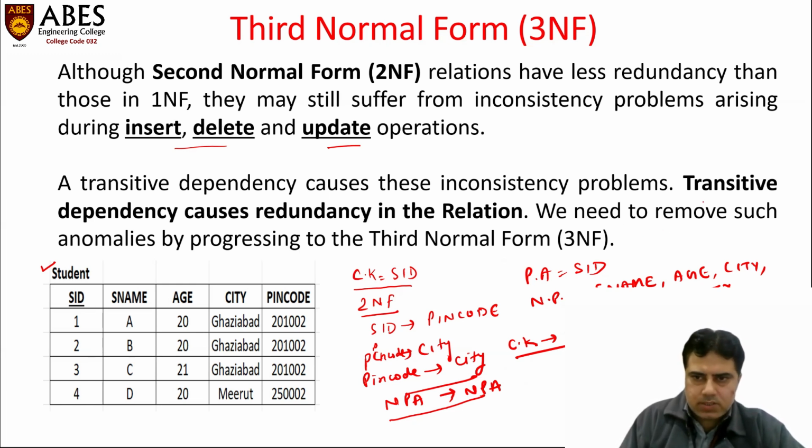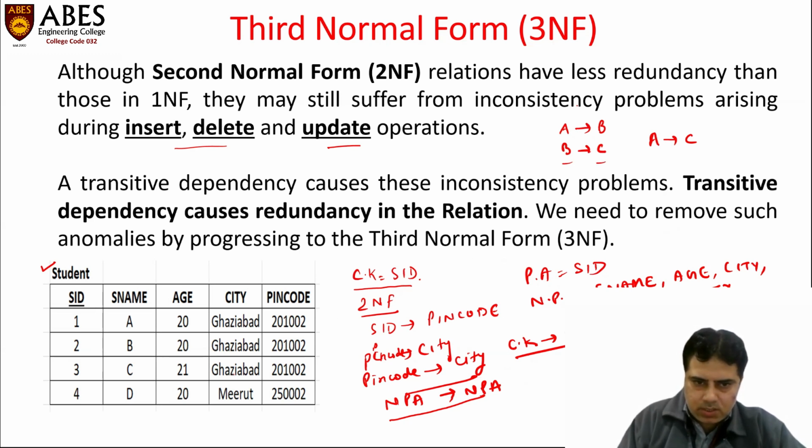As we have already studied, what is transitive dependency? If A determines B, and B determines C, then through the law of transitivity, we can say that A determines C. So here the candidate key determines a non-prime attribute, and a non-prime attribute determines a non-prime attribute.